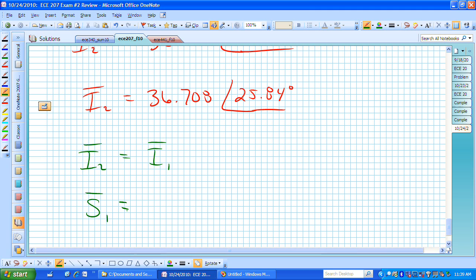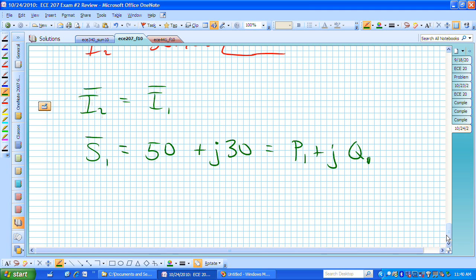It was 50 watts at 30 VARs, so we have our real part, 50, and we were given the sign, plus 30, and so this is now our P1 plus JQ1 for the complex power of load number 1.